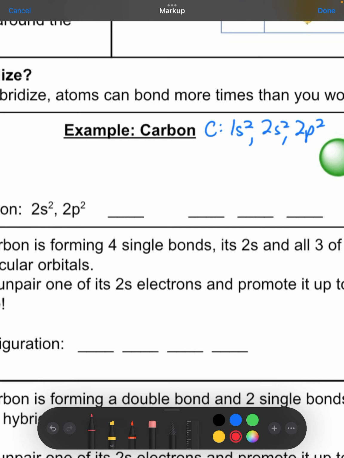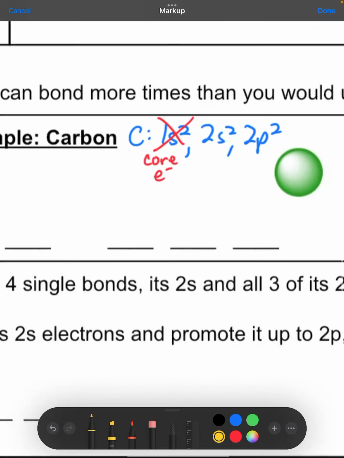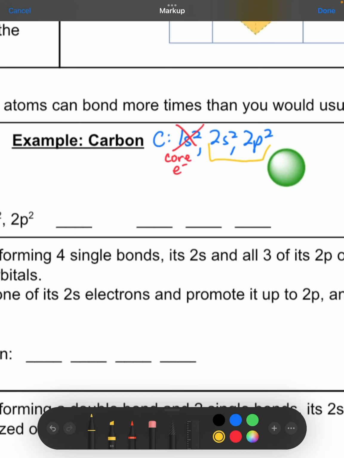The 1s subshell is not included when we talk about orbital hybridization, and the reason for that is because the 1s subshell would house core electrons. And so we don't pay attention to those. What we want to know about are the valence electrons. And the reason we want to know about those is because the valence electrons are what are going to be participating in a bond, all right?